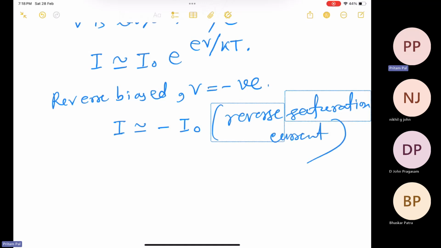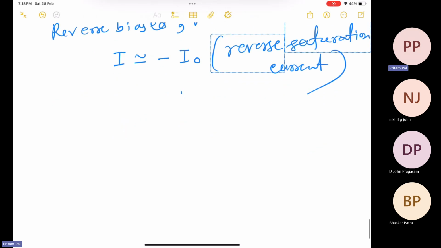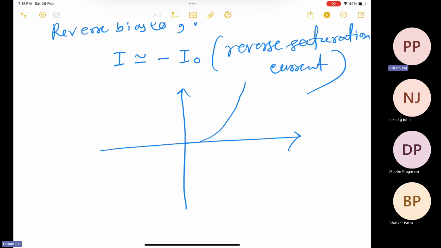If you draw the graph, it will be something like this. This then slightly increases exponentially on the forward bias. This is the dark current, which we denoted as I naught. This is the forward bias, this is the reverse bias. This is the current-voltage characteristic of a PN junction diode.